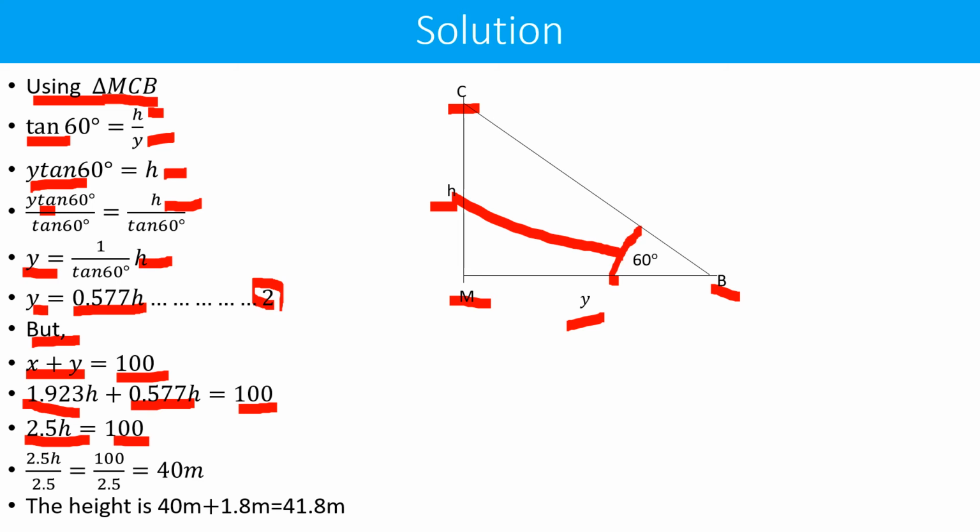So 2.5H over 2.5 equals 100 over 2.5. Then you get 40. So the H will be 40 meters. But the actual height of the pole includes the height of the man. So it will be 40 plus 1.8, then you get 41.8 meters to be the actual height of the pole.